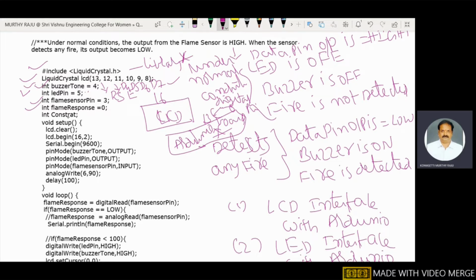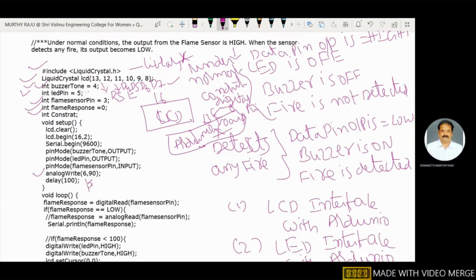Next, integer contrast. It indicates contrast variation of the LCD. Generally, a potentiometer is used to vary the contrast of the LCD. In this case, we need not use a potentiometer, we just use analog write on the 6th pin of the Arduino board.